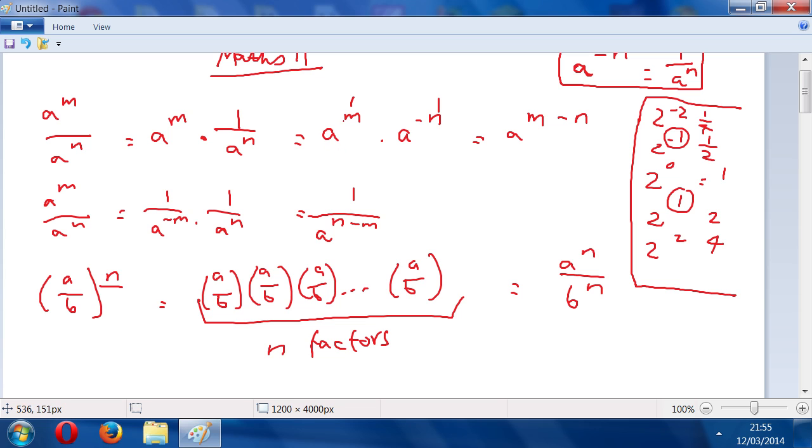But yeah, what else can I say here? Just to add a bit more detail, say we're doing 2 cubed over 2 squared.